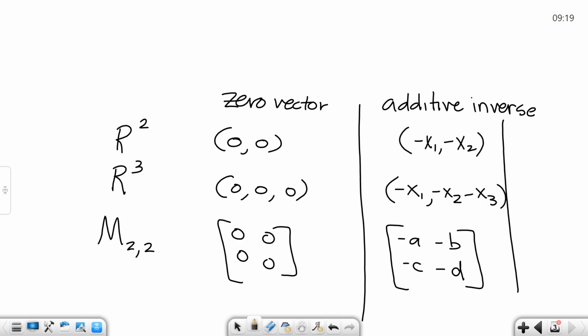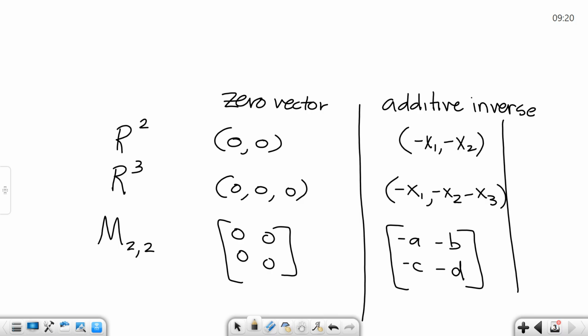So I added something that's an element of R2 to something that's an element of R2, and what I got back was in R2. If I added the matrix 1, 2, 3, 4 to 5, 6, 7, 8, so a 2 by 2 matrix to a 2 by 2 matrix, I got a 2 by 2 matrix back. Scalar multiplication: if I took the number 4 and multiplied it through 1, 2, what I get back is something that's still in R2. So that's what we talked about last time with closure.